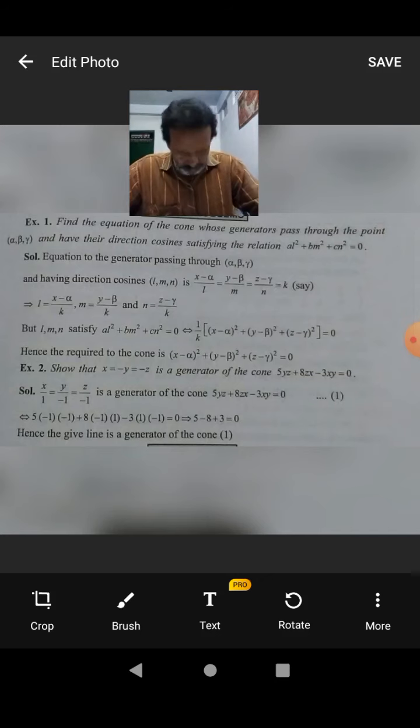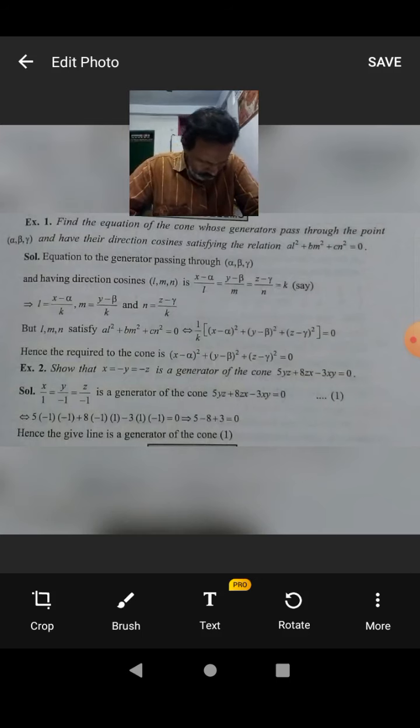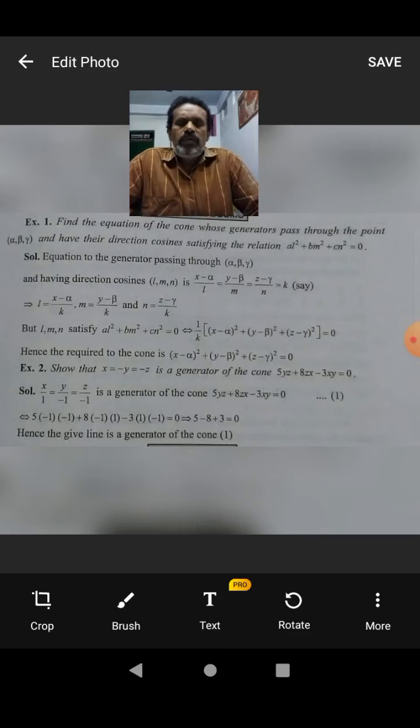Okay. Second one: show that the generator x is equal to minus y is equal to minus z lies on the cone 5yz plus 8zx minus 3xy is equal to 0. First we must know what a generator is. A generator is nothing but the slant height of the cone, so automatically it is on the cone.